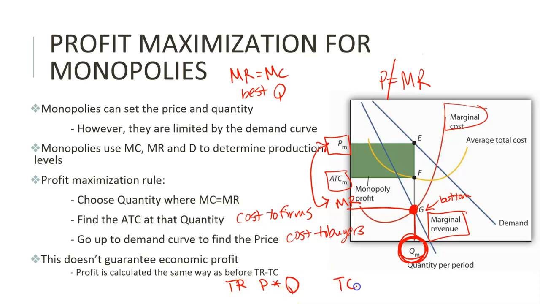And then total cost, we do the same thing. We're going to take that optimal quantity we found times the average total cost at that quantity. And then we're going to subtract, and then we're going to get our profit. So this can be positive, negative, or zero. It depends on where that demand curve is compared to the cost curves.